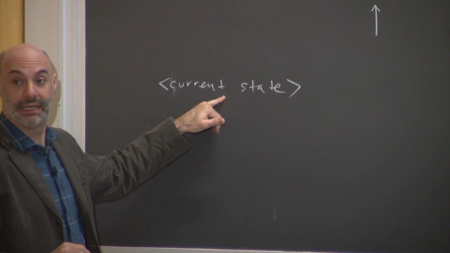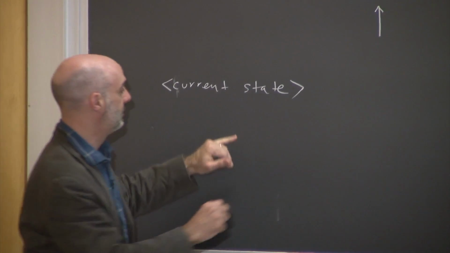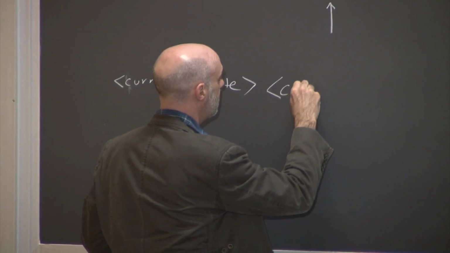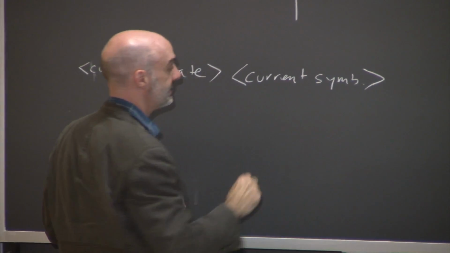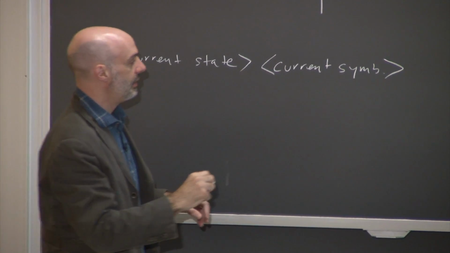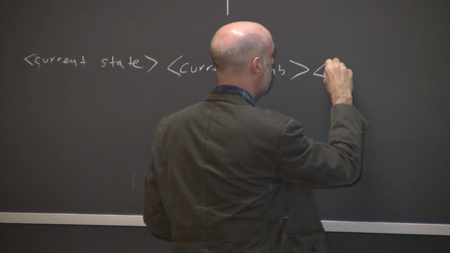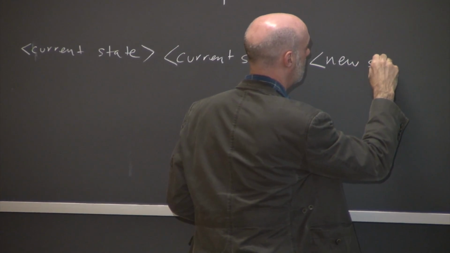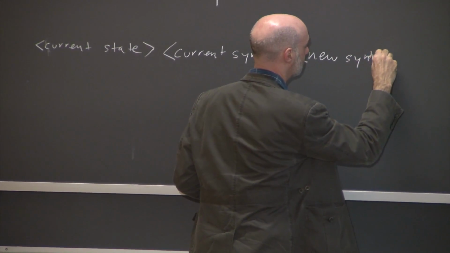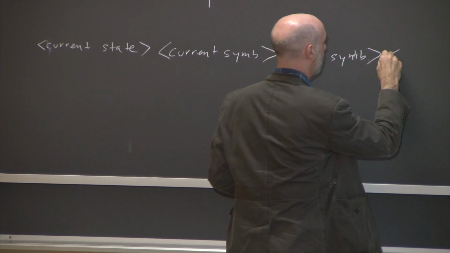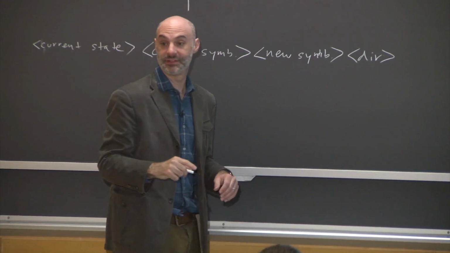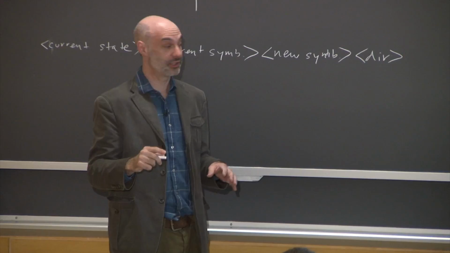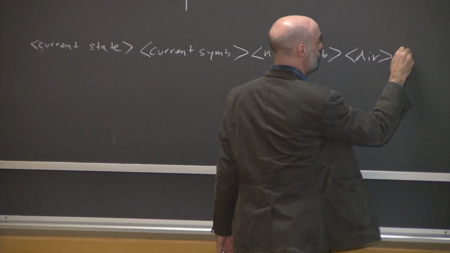So each line is going to say, if you're in this current state and you're reading this current symbol, then write this new symbol and walk one step in this direction, which could be a null direction, and go to this state.